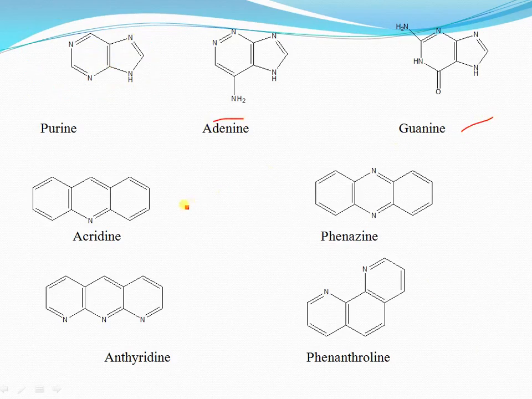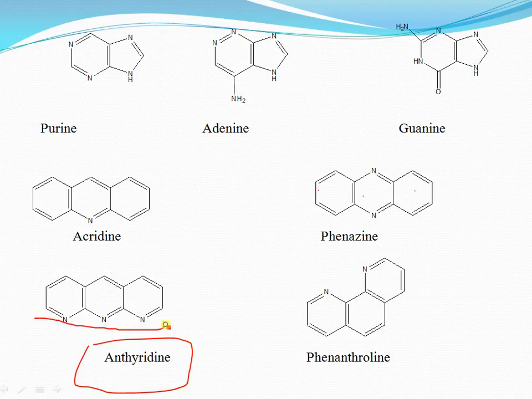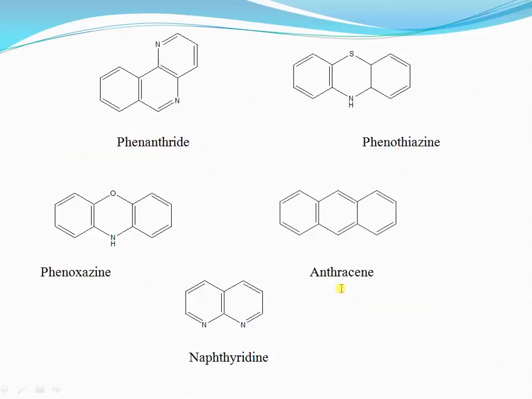Adenine, guanine, acridine, dibenzopyridine, phenazine, dibenzodiazine, anthracidine, phenanthroline, but the carbon is replaced with nitrogen. It is pyridine, that's why it is phenanthroline. Phenanthroline. Like phenanthridine is again nitrogen.